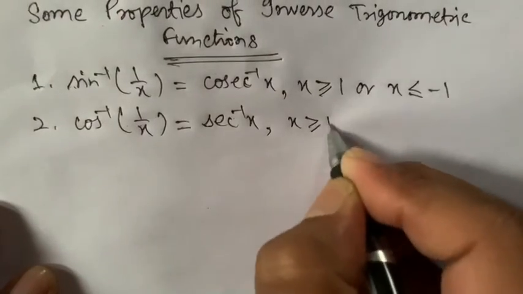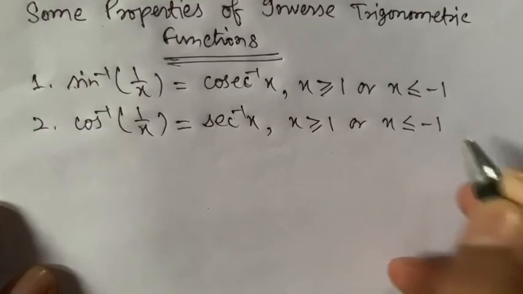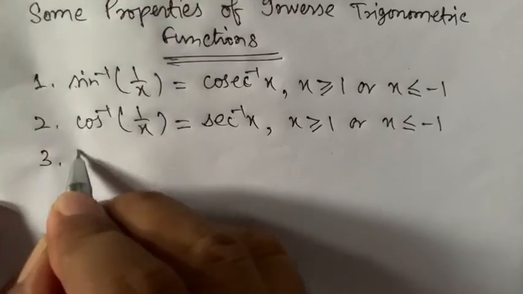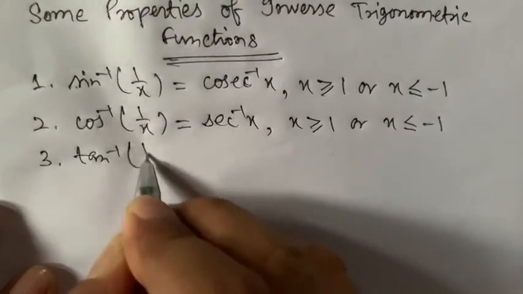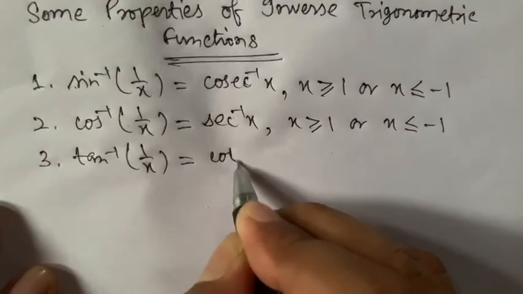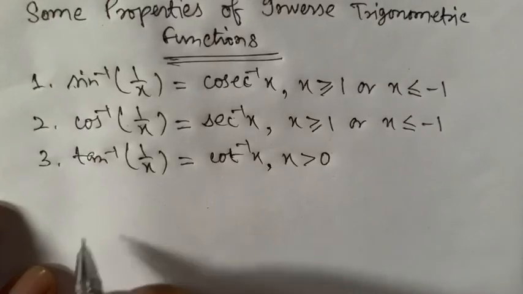Here again x is greater than equal to 1 or x is less than equal to minus 1. Third property is tan inverse of 1 by x, and it is cot inverse of x, x greater than 0.